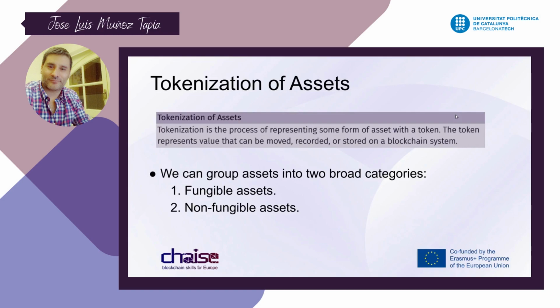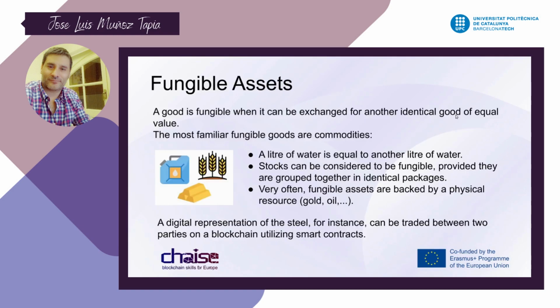As I said, we can group the assets to tokenize in two big groups. The first group is fungible assets. A good is fungible when it can be exchanged for another identical good with equal value.